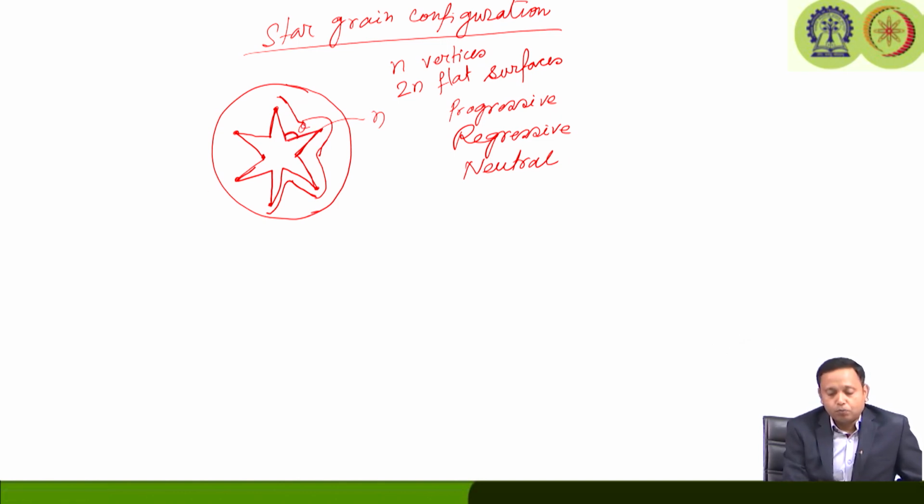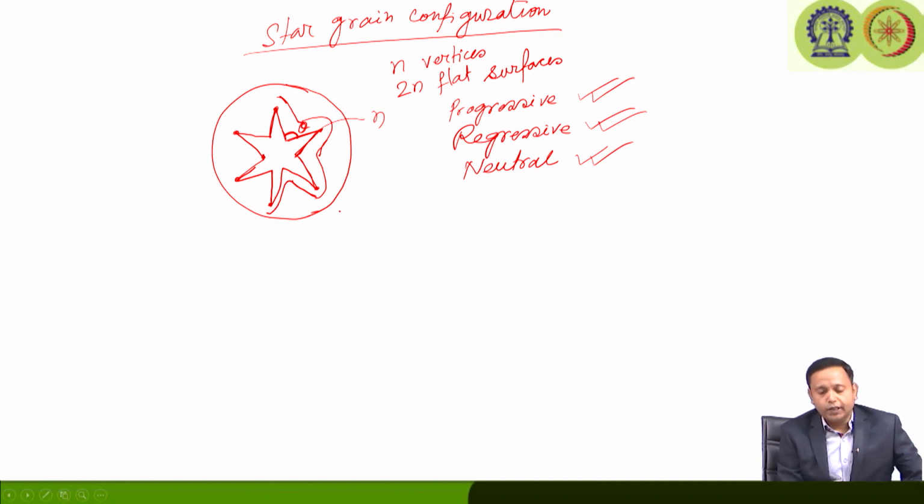So, please look at some of the previous study materials, where you can understand how they are influencing the burning profiles. I think we will not go further on the grain configurations. I am just leaving it to the participants to revise some of the materials, so that we can come back to the main track of the course, and we will focus more on the fuels and propellants used for solid rocket.